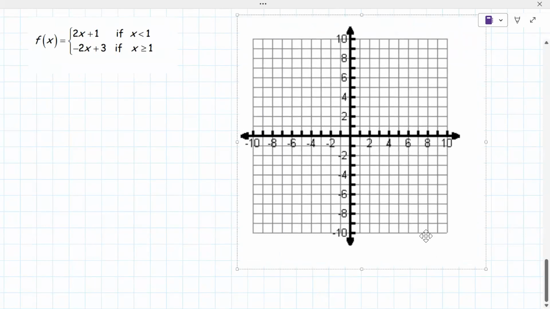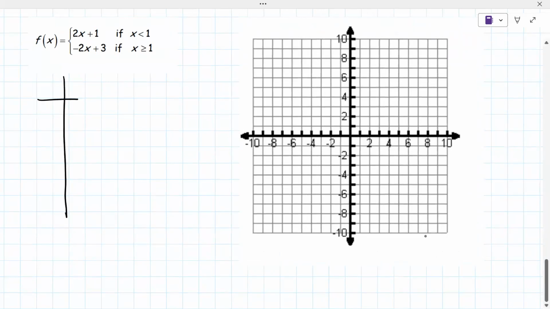For the first one here, the first piece is good for x less than 1. So you start your table there at 1 and you pick values smaller than 1.